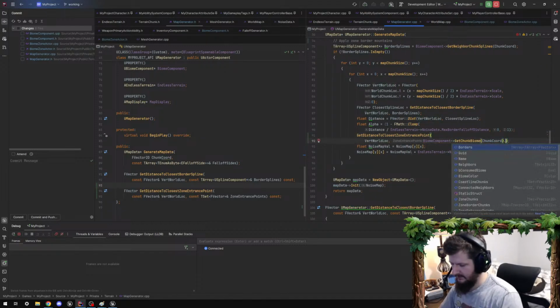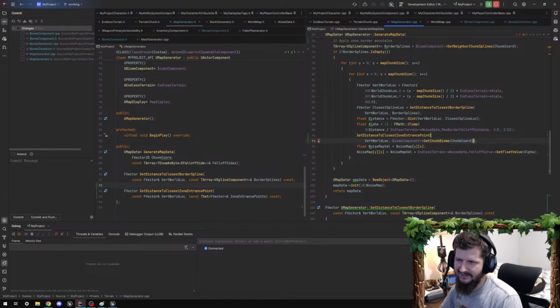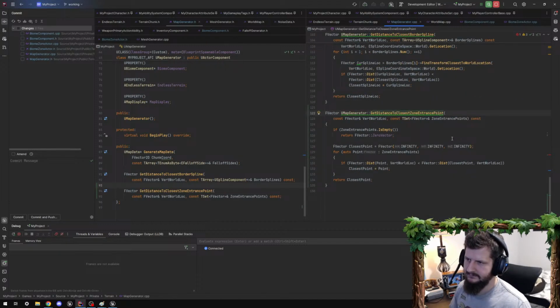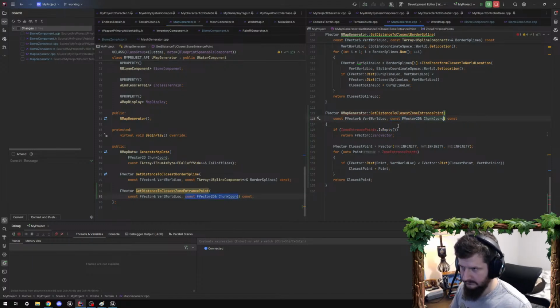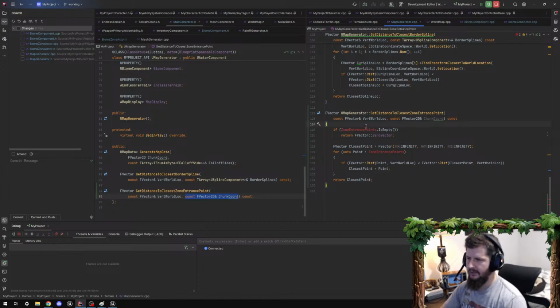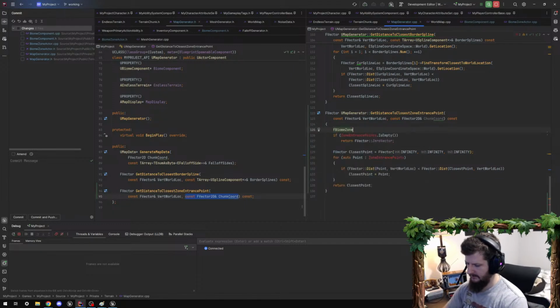Get chunk biome. Then I just want to do dots. I mean, should I just give it the, let's just give it the chunk coordinates. And then I'll do that in there. Then I'll say F biome zone pointer.